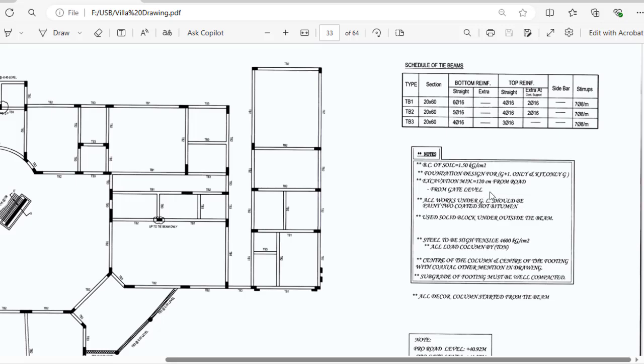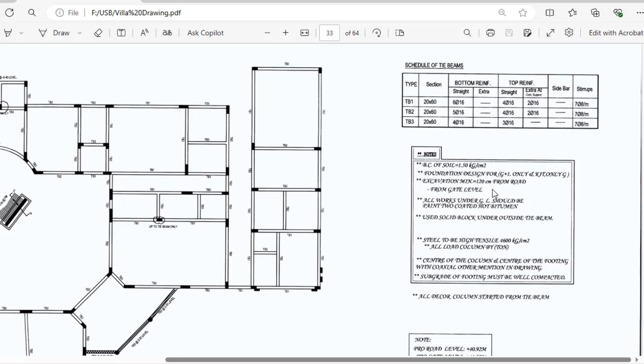How you will shift your benchmark to your site, I discussed in my previous lectures, step-by-step villa construction in UAE, and there I discussed how you can find different levels for different structures, like for tie beam, from column, everything. You can visit that video.